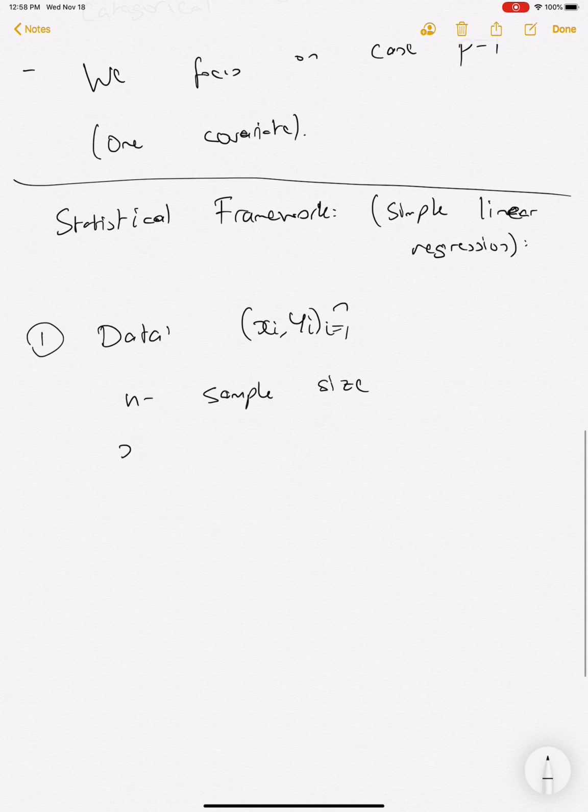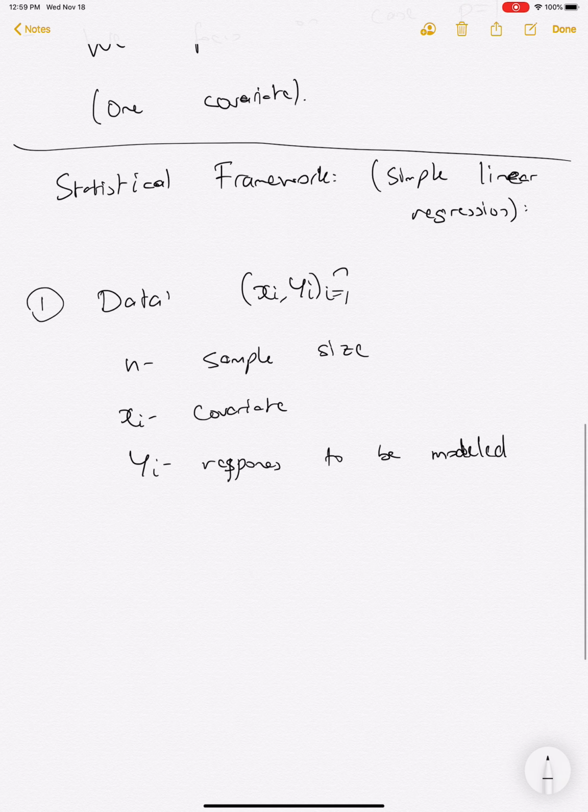And we're saying that xi is the covariate, and yi is the response to be modeled. This language of covariate and response, you can also think about as the independent variable.